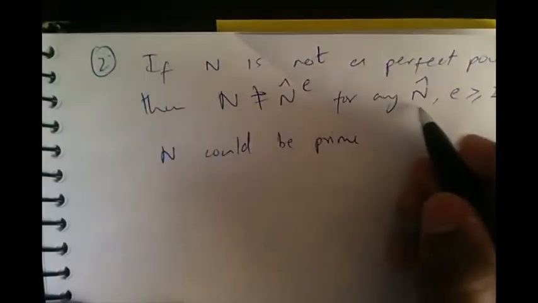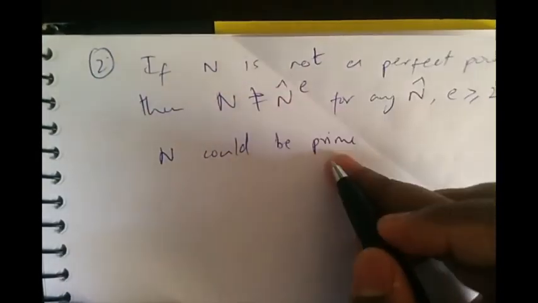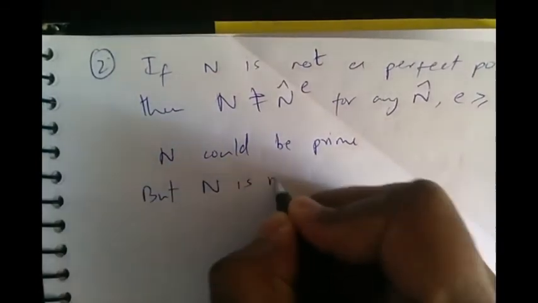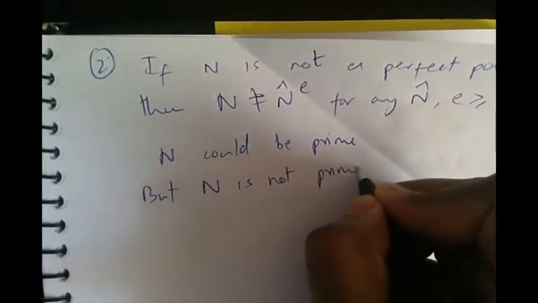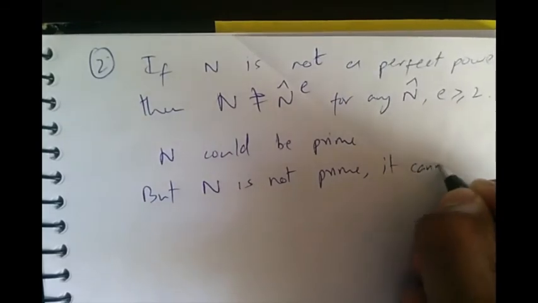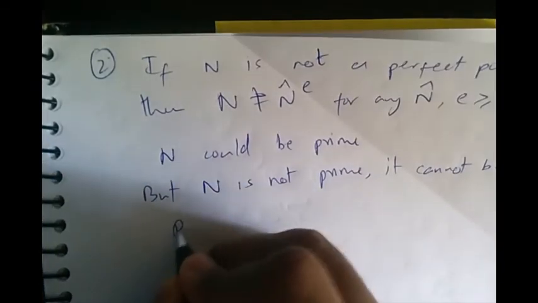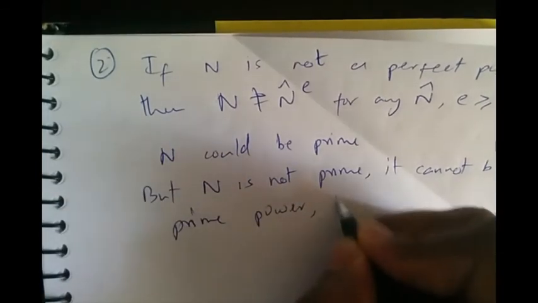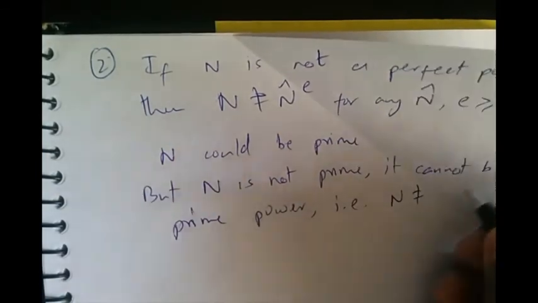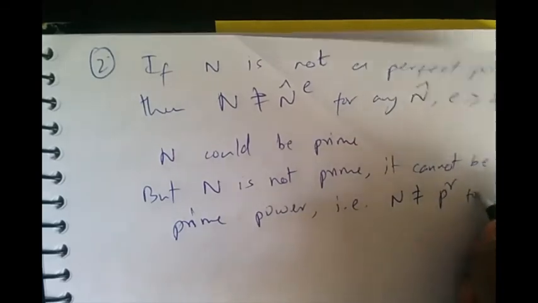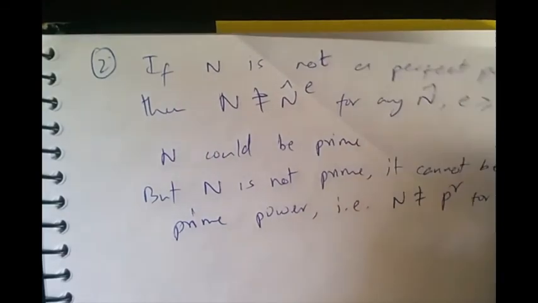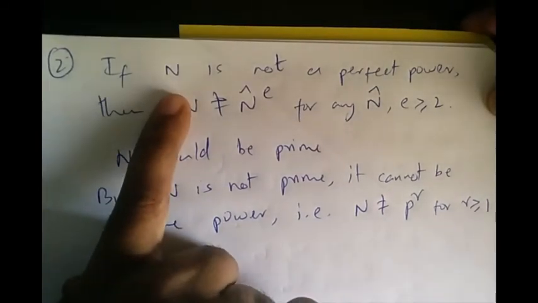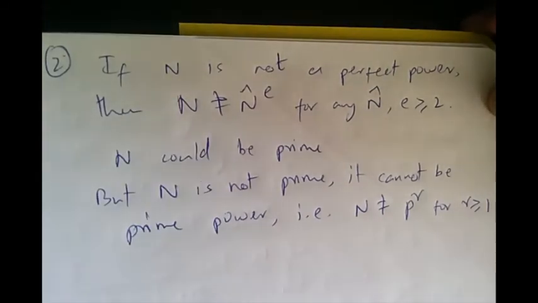But if it is not prime, it cannot be a prime power. That is, n cannot be equal to p raised to r for r greater than or equal to 1. Why is that? Because n is already not a perfect power. We checked it using a polynomial time algorithm.